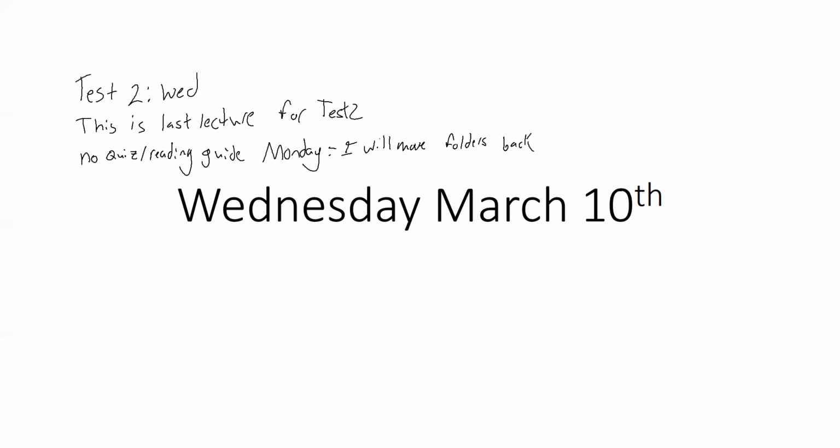Currently, I am toying with the idea of making this an open note test, just because people love to complain about ProctorU, and I get it. It doesn't work all the time. If that's the case, I would not give you a sheet at all. I would say you make your sheet. That's the trade-off. I won't give you anything.